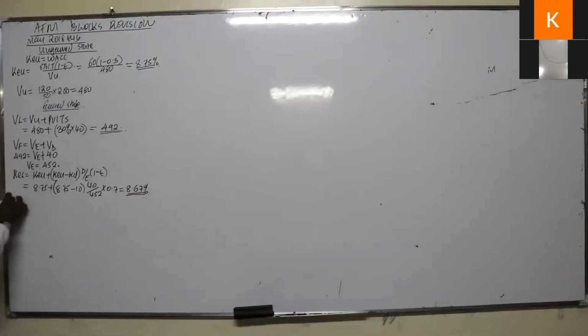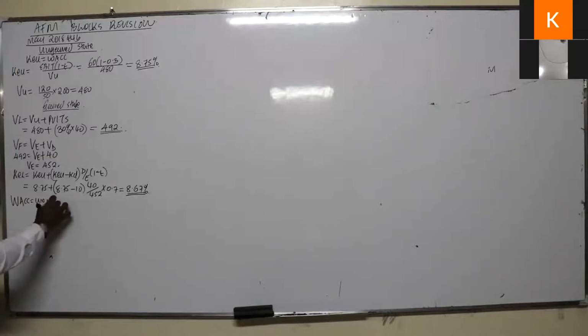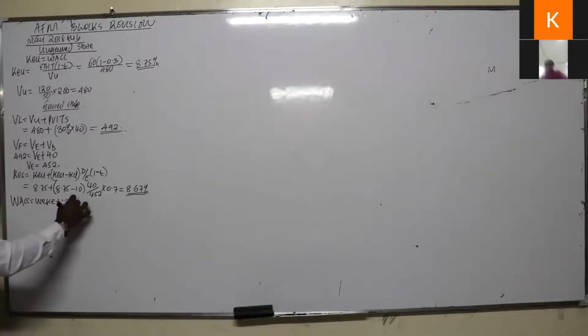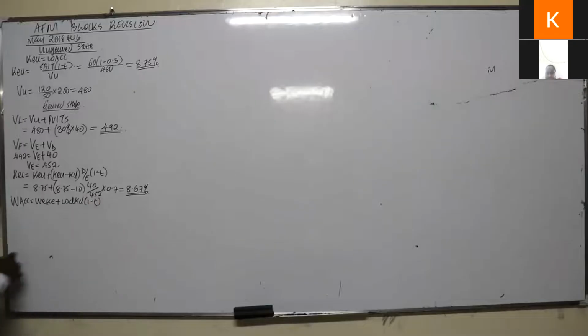Now with that, let's get WACC. Weight of equity times cost of equity, plus weight of the debt times cost of the debt times (1 minus T). Weight of equity, you take the value of the equity, 452, over the value of the firm, which is 492, times the cost of equity, which is 8.67.